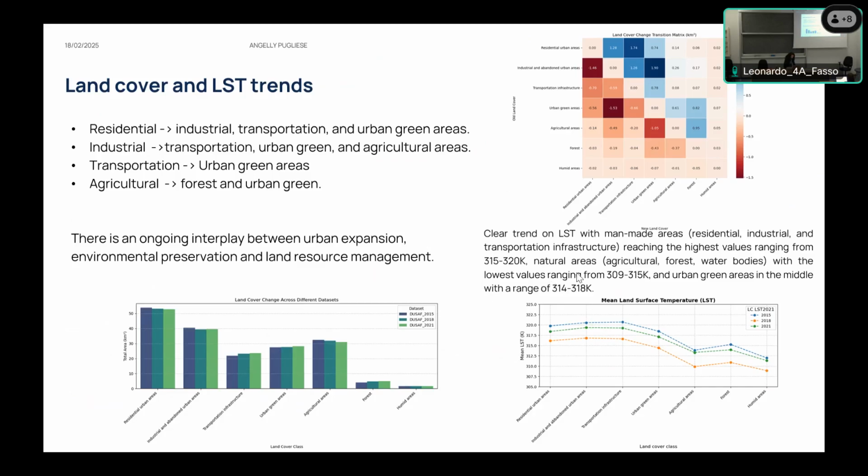Then we have the natural areas ranging from 309 to 315, which are the last 3, and then we have the urban green areas in the middle, ranging from 314 to 318 kelvins.